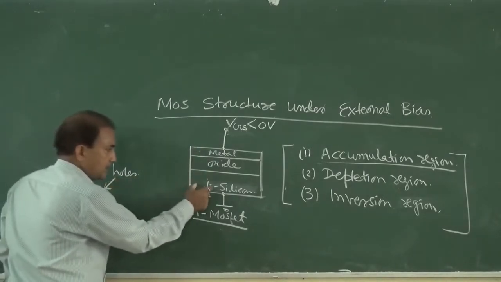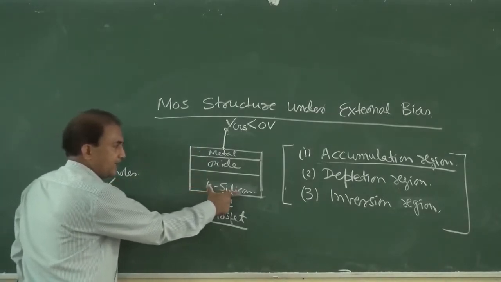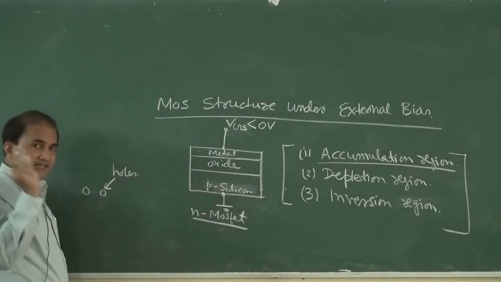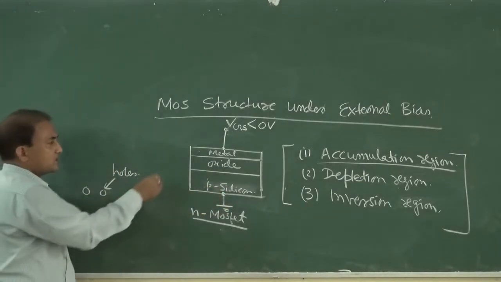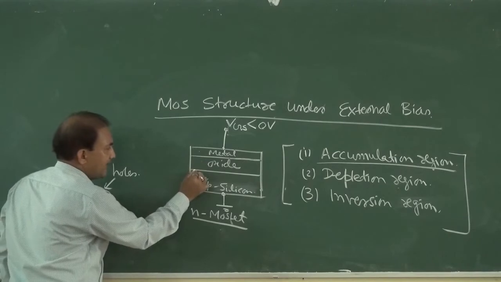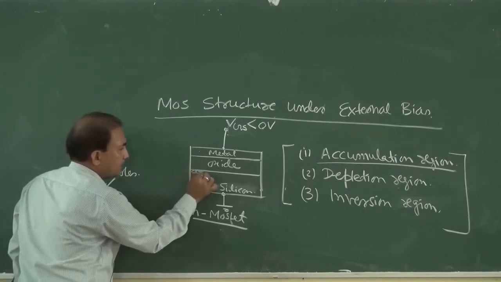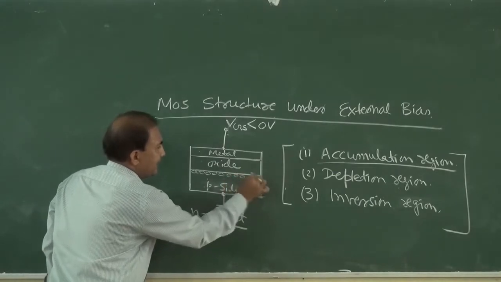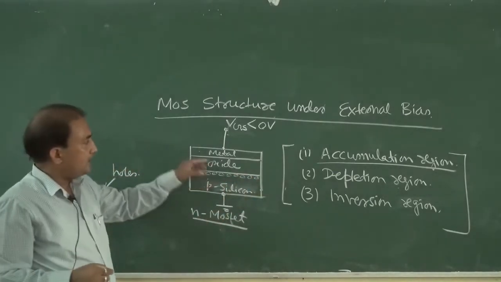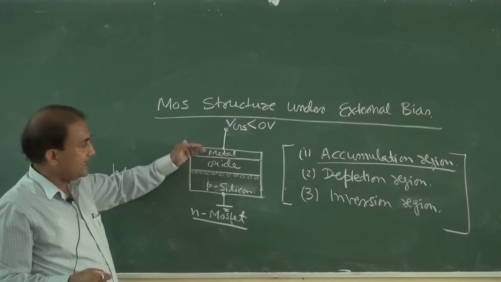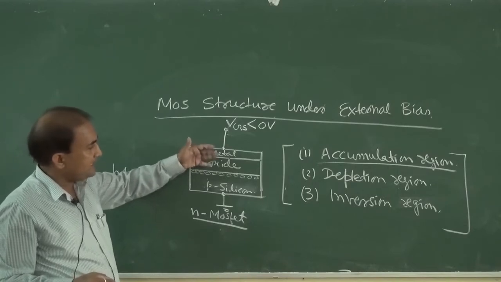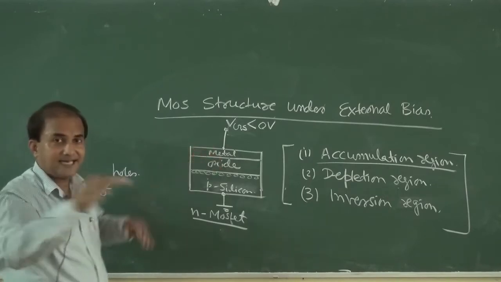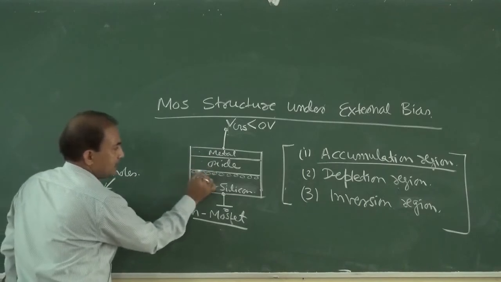Here in case of P-type silicon, the majority carriers are holes. So holes will be attracted and accumulated in the oxide substrate interface layer.